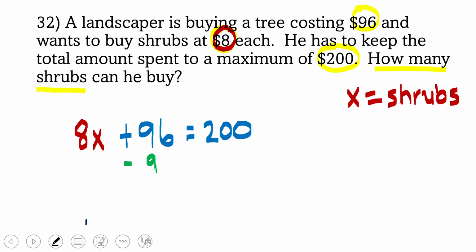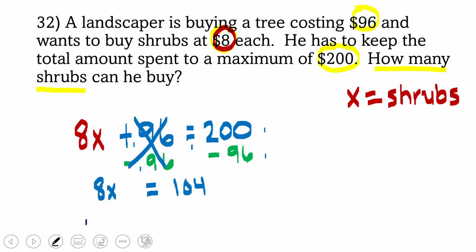We're going to subtract 96 from both sides. That leaves 8x plus 96 minus 96, that goes away, equals 200 minus 96, that's 104, divide by 8, on both sides.